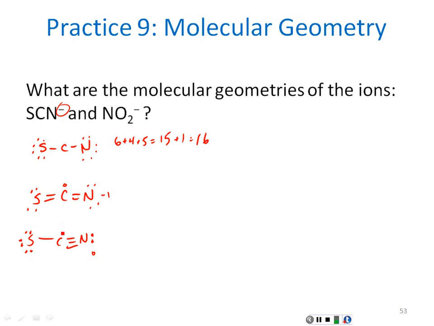Carbon would be 0 in both molecules. Sulfur is going to be 0 here and -1 here. So to choose between these two, we would need to know the electronegativities of nitrogen and sulfur. And it turns out that nitrogen is actually more electronegative than sulfur. So the top structure is actually more correct.